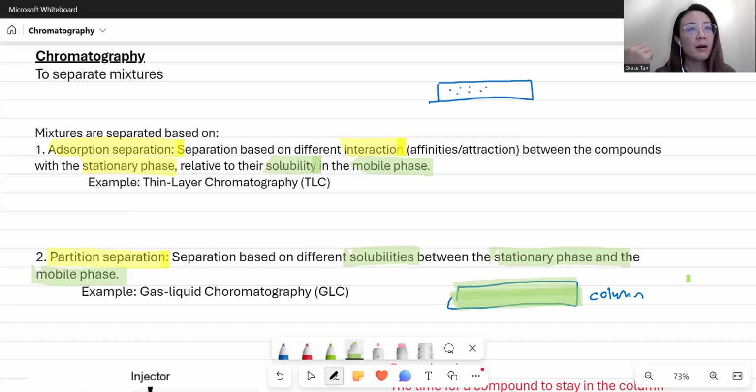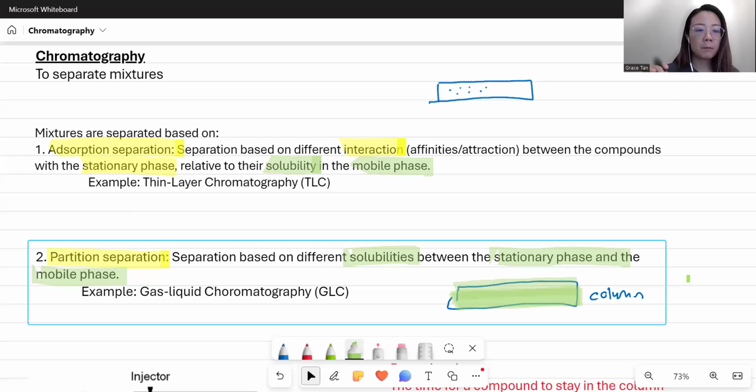Now, the example of partition separation would be our GLC, so-called gas liquid chromatography. Gas liquid chromatography means that it can separate gas, it can separate liquid. So maybe, for example, you have a liquid sample that has many types of amino acids inside, and you want to separate all maybe 20 amino acids that are currently in liquid form.